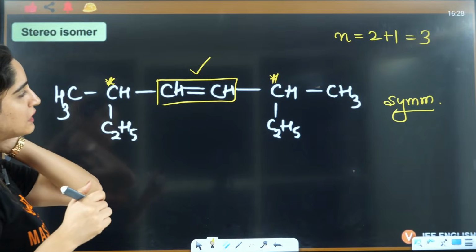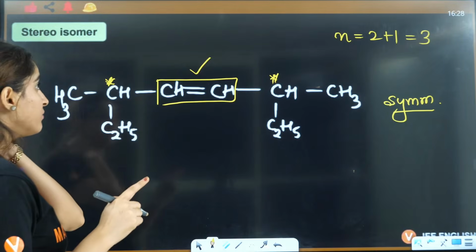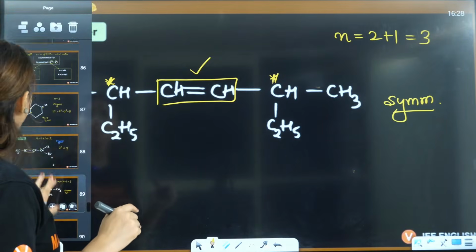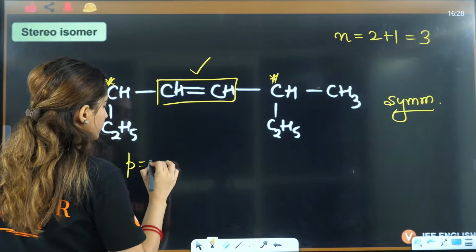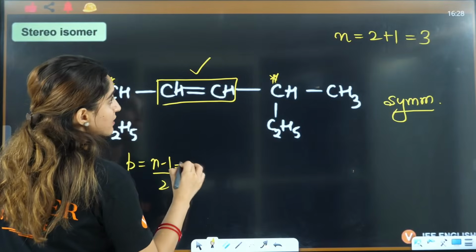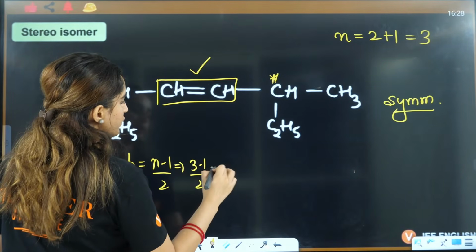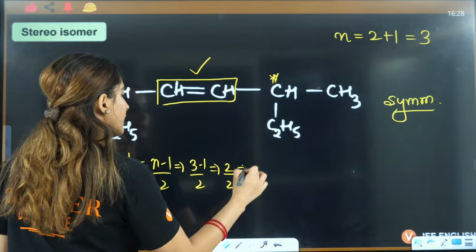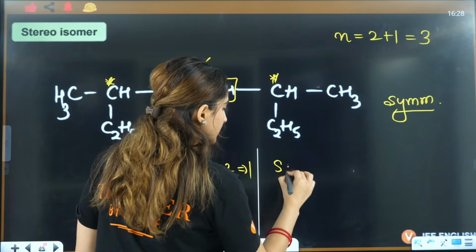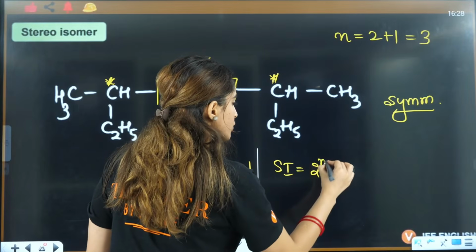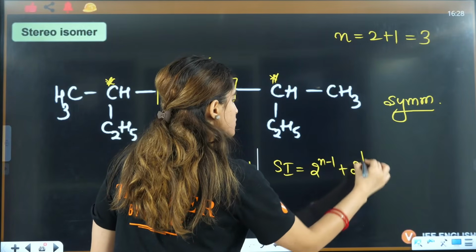So symmetrical means, and you have n odd. If n is odd, it will be p is equal to n minus 1 by 2. That is 3 minus 1 by 2, that is 2 by 2, that is 1. Right? And here stereoisomers will be 2 raised to power n minus 1 plus 2 raised to power p.